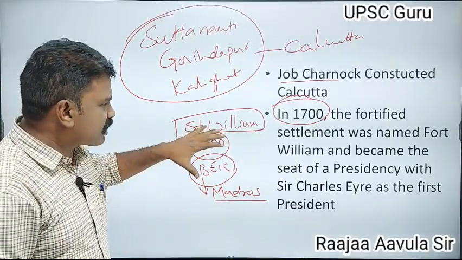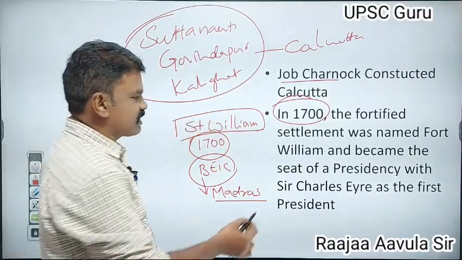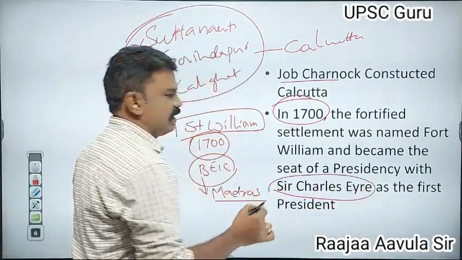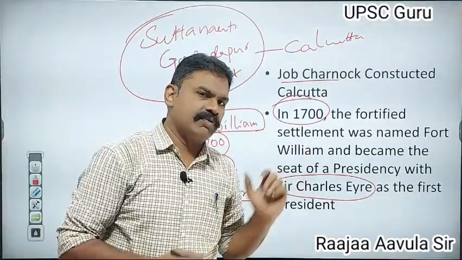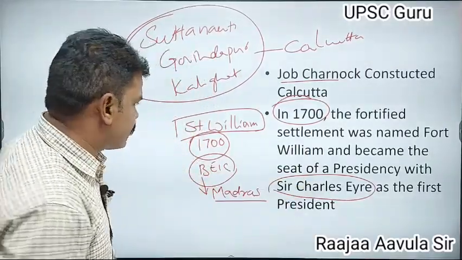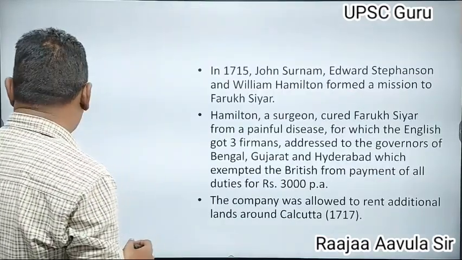But whenever they constructed St. William Fort, they appointed Sir Charles Eyre as the first president or first governor of the fort.